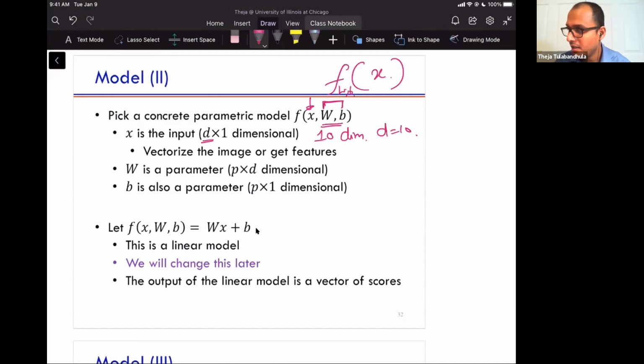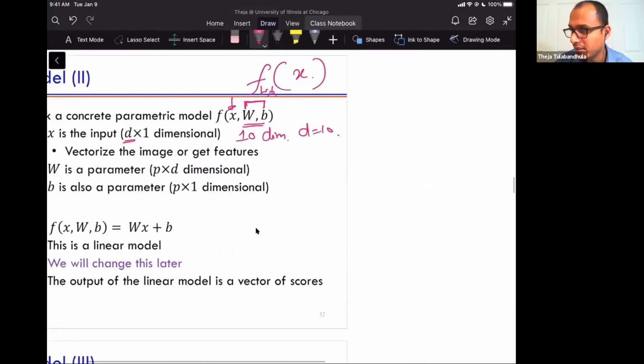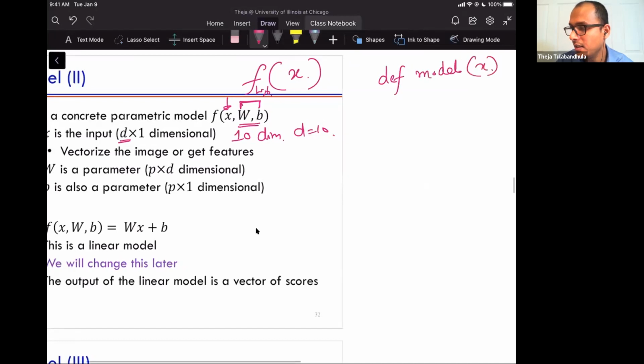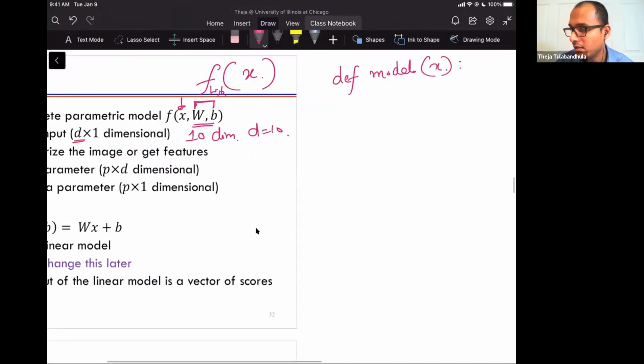For those folks who know Python, it will be like def model which takes input x and returns W times x plus b. We'll talk about what this means.